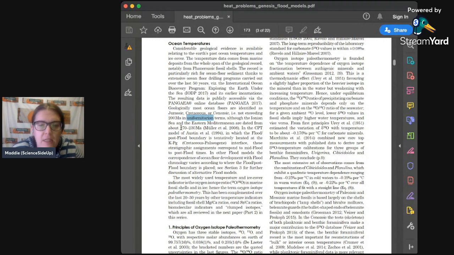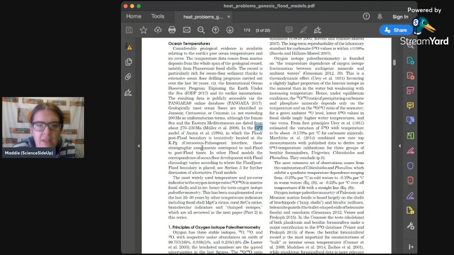"Although the Ionian Sea and the Eastern Mediterranean are dated from 270 to 230 million years," and we have a citation, that is beautiful. "In the catastrophic plate tectonics model, the post-flood boundary is tentatively located at the KPG, the Cretaceous-Paleogene interface.